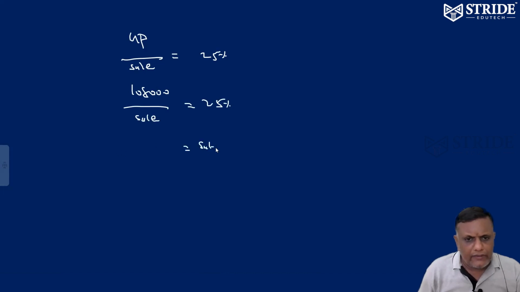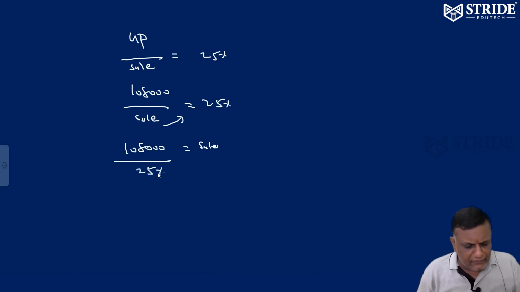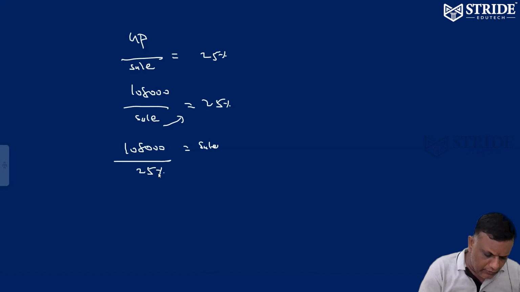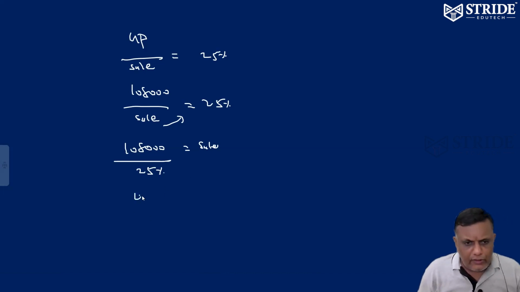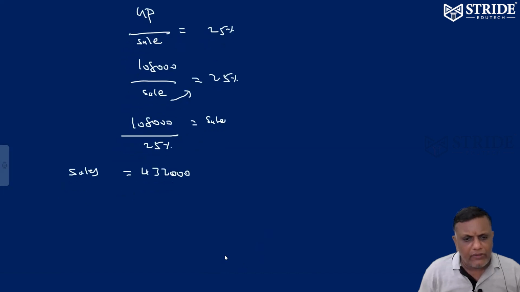So sales is equivalent to, can you make the sale here? 1,08,000 by 25%. Can you do the mathematical calculation? 1,08,000 by 25% is equal to 4,32,000. So sales is equal to 4,32,000.